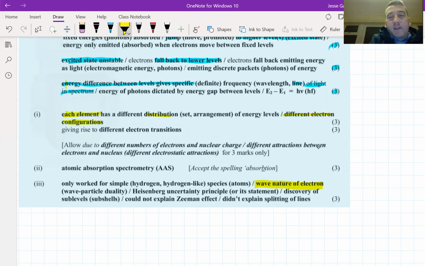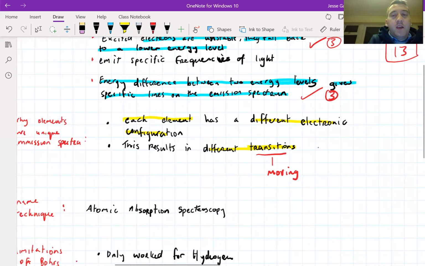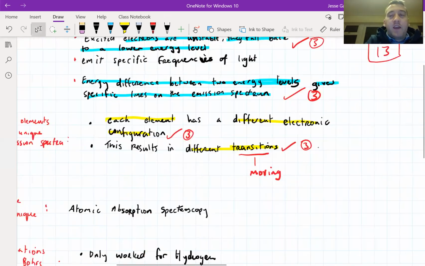So each element has different electronic configurations. Okay, so that's the first 3. Giving rise to different electron transitions. You see in bold, that's the bit that's needed for the second 3. So we have both of them. Each element has a different electronic configuration. That was 3. And this results in different transitions. That's the second 3.